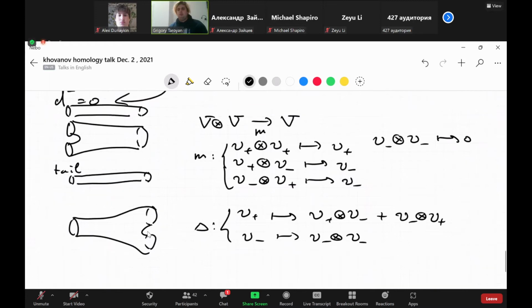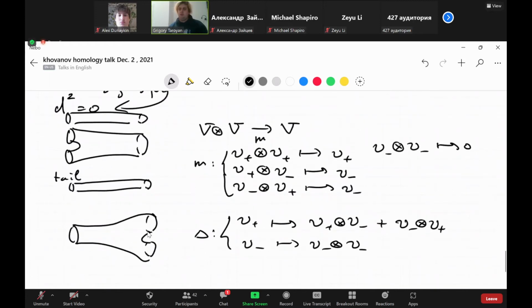Grisha, please indicate that delta maps V to V tensor V. Yes, so we have an exemplar of V here, and V here. So yes, we map from V to the tensor square of V. Yes, thank you.